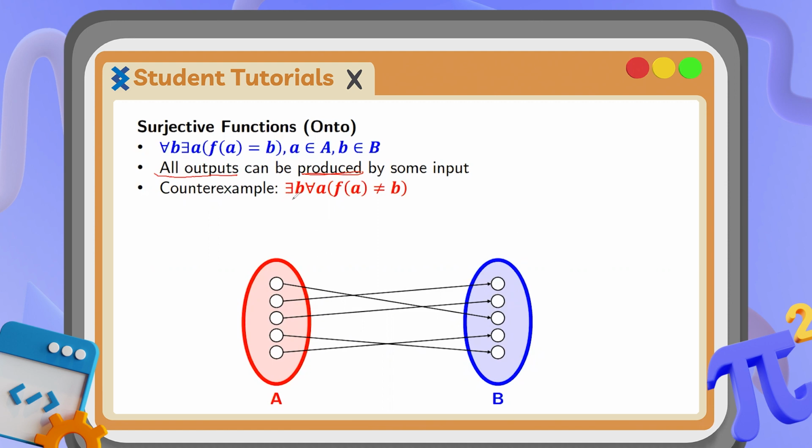A counterexample for this, or something that would make the statement false, is there exists an element B where for all of A, no element of A would produce B, or would produce some element in the codomain.